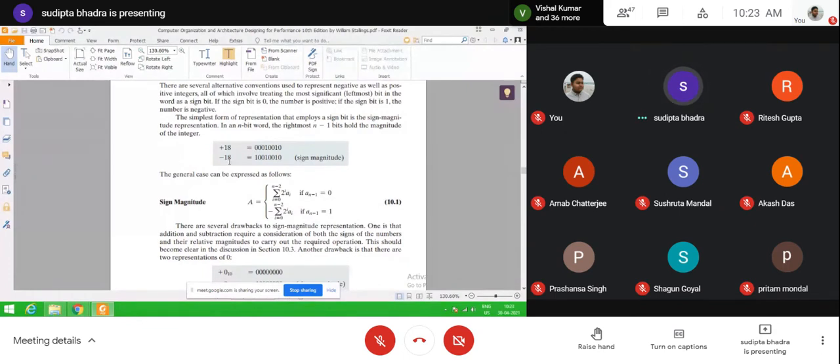Now in the sign magnitude representation, minus 18 has a sign bit of 1, and the remaining 7 bits represent the magnitude 18. So what will be the general case? Here A is a sign magnitude integer.